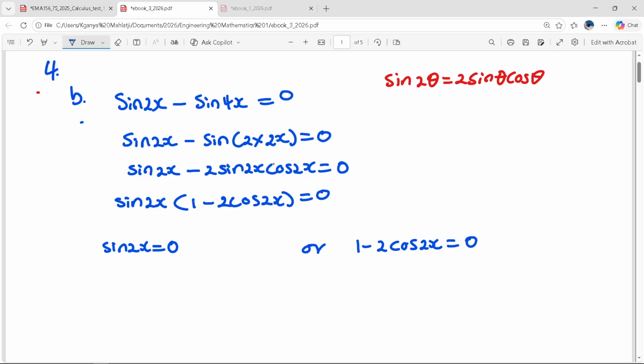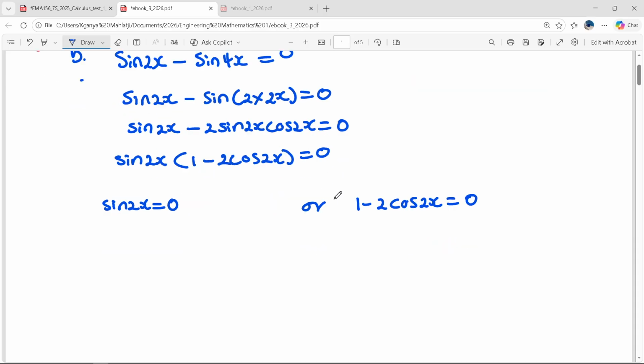Let's start with this part here. First we determine our reference angle. It's better to work with general solutions. Reference angle equals arcsine 0, therefore you get 0 degrees.